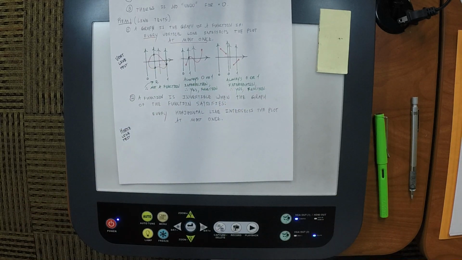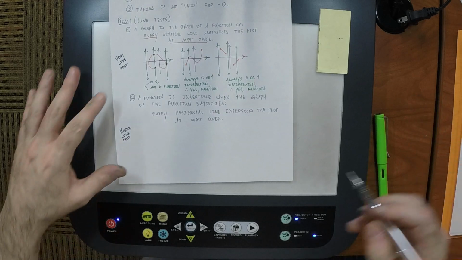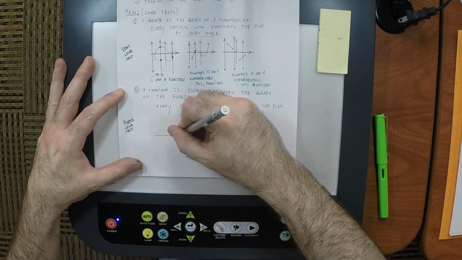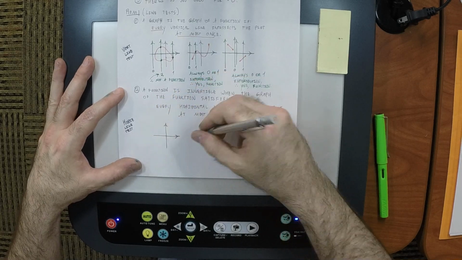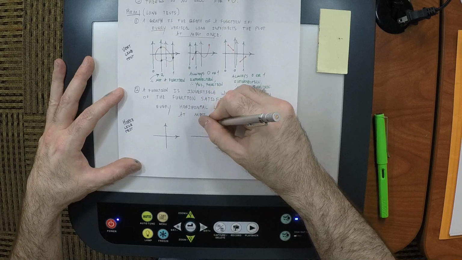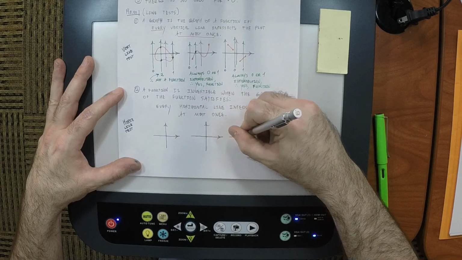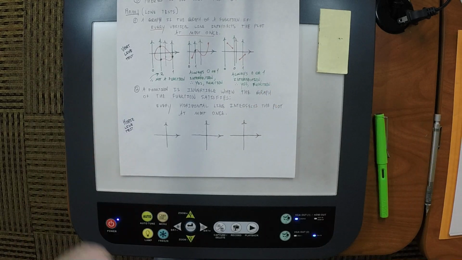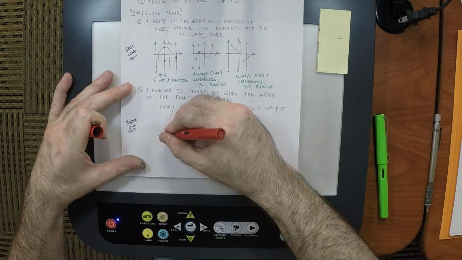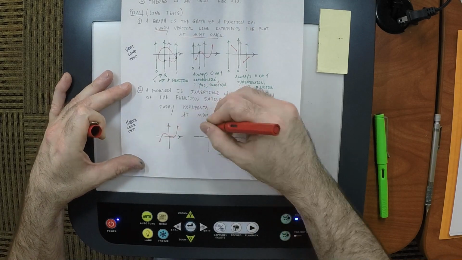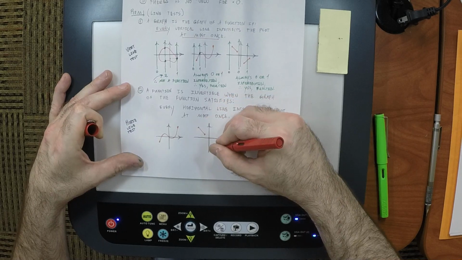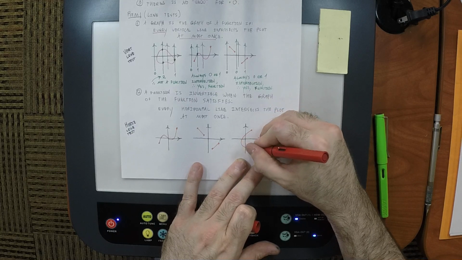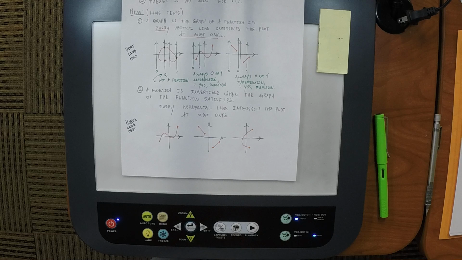Because that's how mathematicians name things. Again, 3 examples.